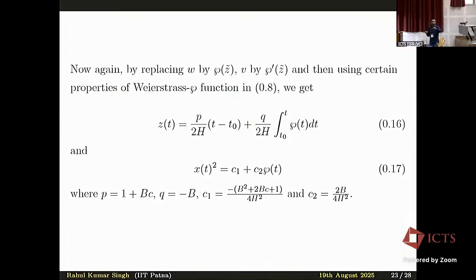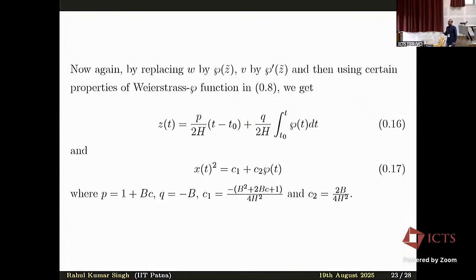So because you have to go back and forth between these two variables, the integral which you see here, I'm writing this as t naught to t, and now there is this Weierstrass P function. So how come we are getting this real integral? Because we want all these things to be real. That is taken care of by the properties of the Weierstrass P function, so we will not encounter any complex thing here.